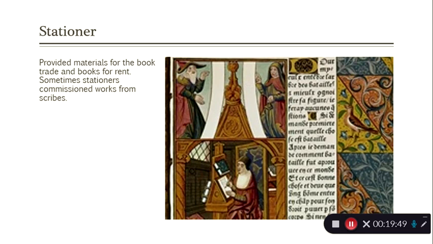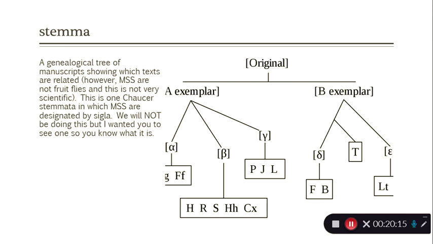Stemma, you'll run across this from time to time when you're looking at the history of a text. I would say ignore this, but you should know what it is when you see it. So that's why I'm telling you about it. Scholars think that it's helpful to make a family tree of the extant manuscripts, the manuscripts still existing, of the same text that show how the manuscripts relate to each other for editorial purposes.